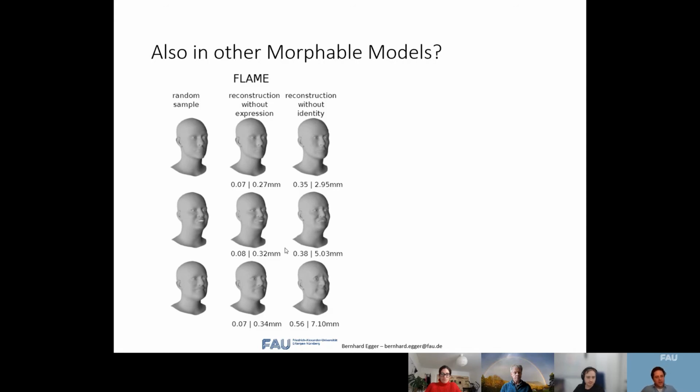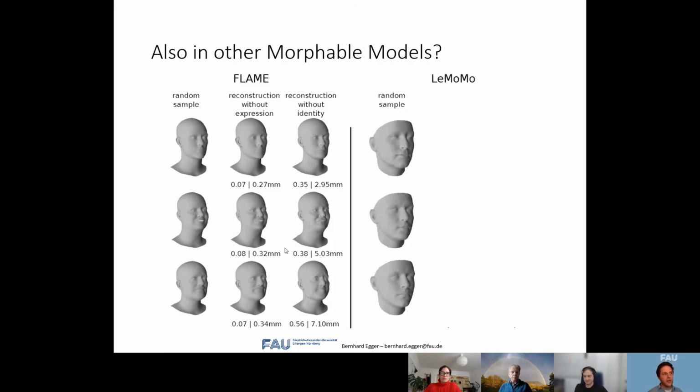And this FLAME model, there is no single researcher that was involved in both models, but it still has some common ideas. We start with face scans, we somehow establish correspondence. All the algorithms are slightly different, but a lot of the basic ideas are very much the same. So we thought, let's also take a learned model.